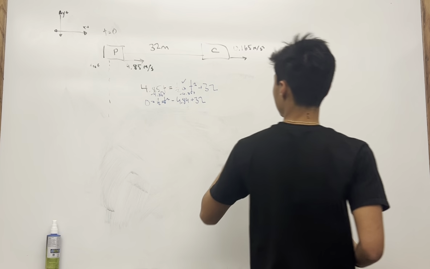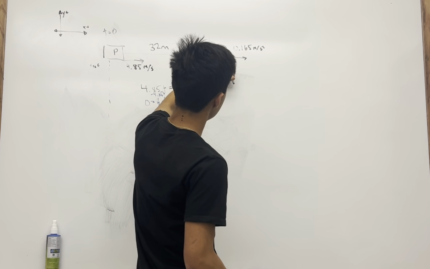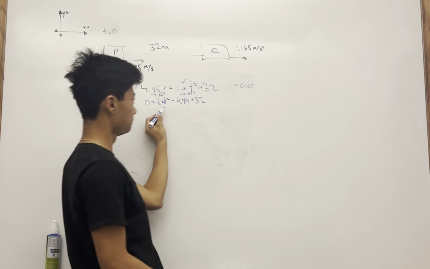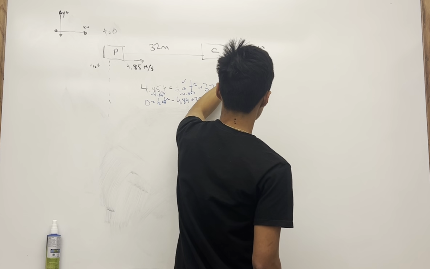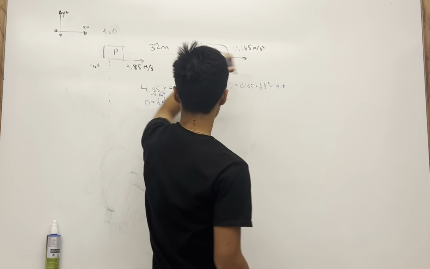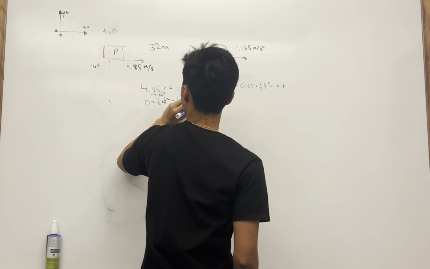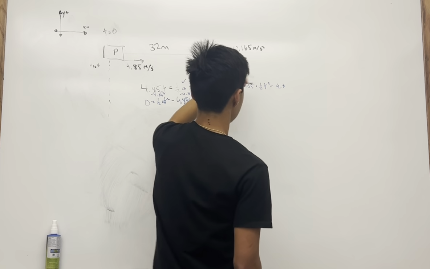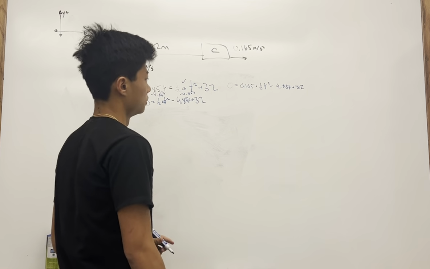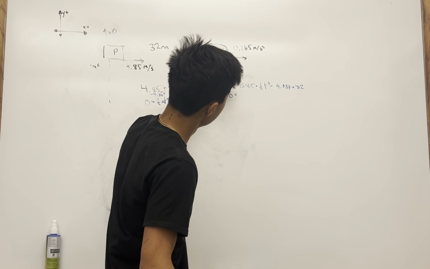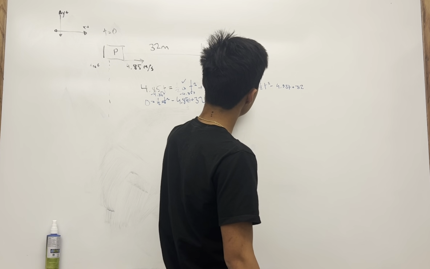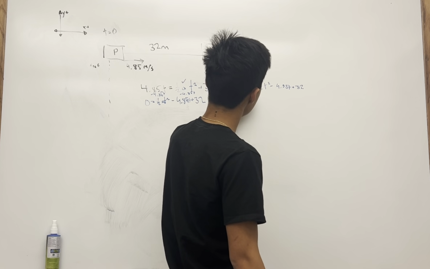We'll just go over here. 0 equals 0.165, which is the acceleration, which we had right here, times 1/2, and then we just fill in the rest that we already have written. Simplified, this is 0.0875.